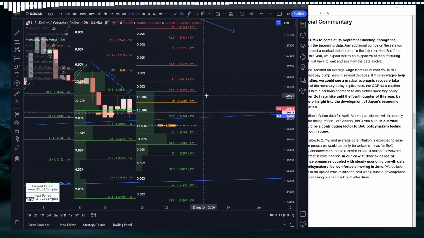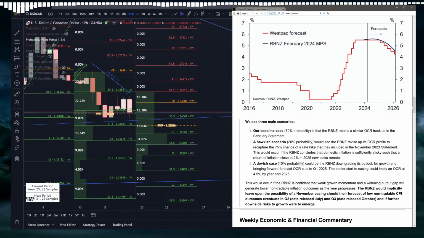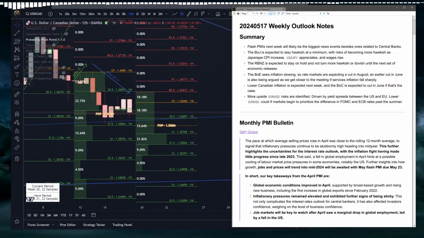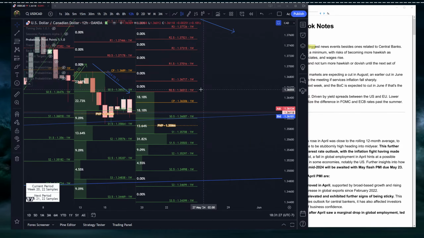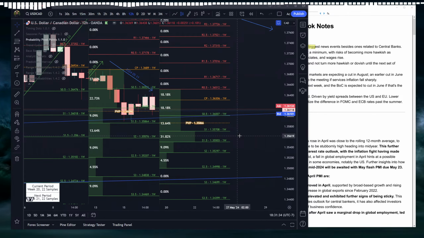So the next things that I'm going to be looking for in the weeks ahead are some indications of growth. And to be fair, we can get that next week with the flash PMIs, if there are flash PMIs coming out for Canada. I'll be refreshing my view on the economic calendar at that point, probably over the next day or two, sometime probably before the market opened on Sunday in the FX space.